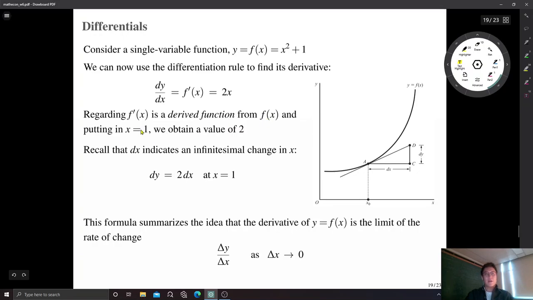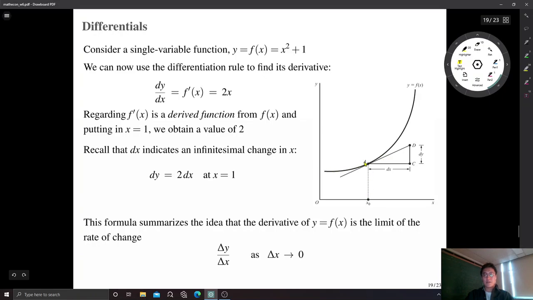So if we plug in 1 for x, then we obtain the value of 2. So the derivative, one function we can derive from the original function f of x, gives us the slope of the tangent line at each point. So if we plug in 1, then we obtain 2, and this number 2 stands for the slope of the tangent line at point 1.